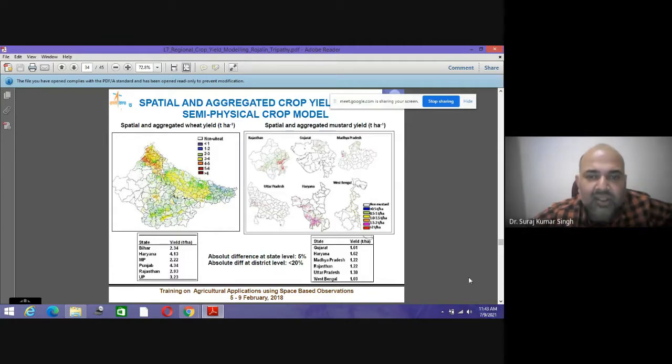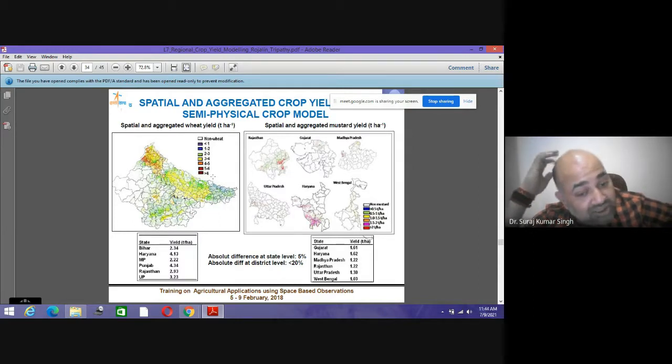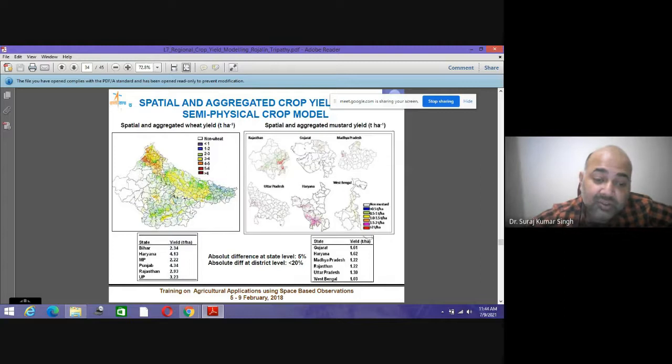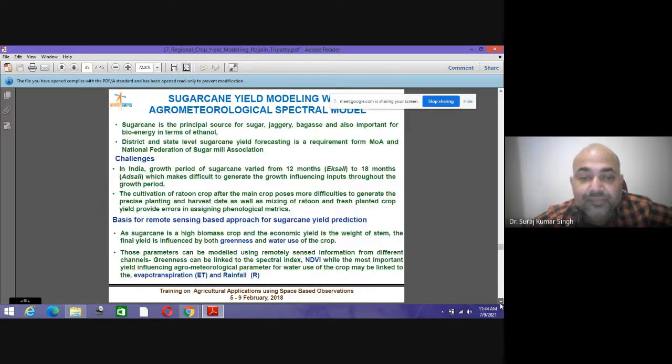So we can have a spatial database on the basis of state. You can see the condition in Rajasthan, Gujarat, Madhya Pradesh, Uttar Pradesh, Haryana, West Bengal, and the kind of yield expected in tons per hectare. So for different states, on the basis of remote sensing and GIS studies, we can predict which states are going to have a bumper production and which states are under stress.